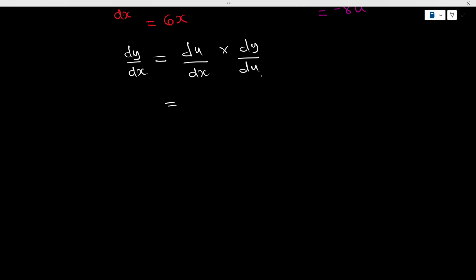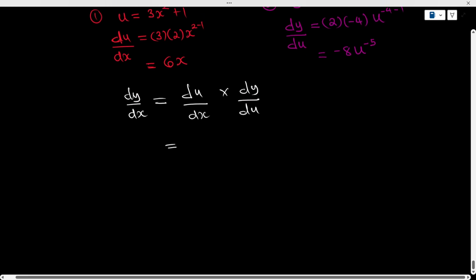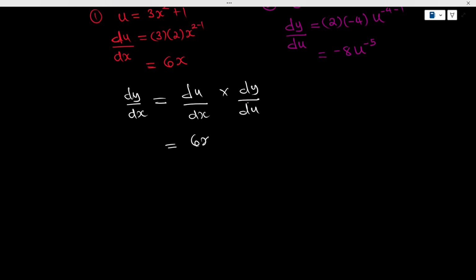So you just have to plug in. du over dx is 6x, times dy over du, which is negative 8u to the power negative 5. Go ahead and simplify this more. 6 times negative 8 is negative 48x, then u raised to negative 5.